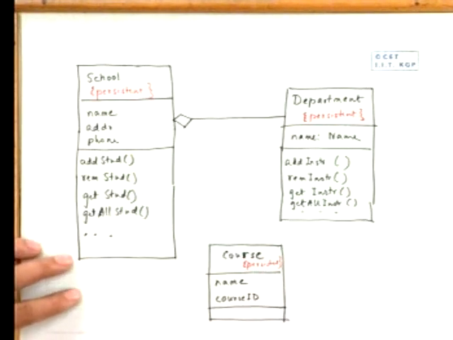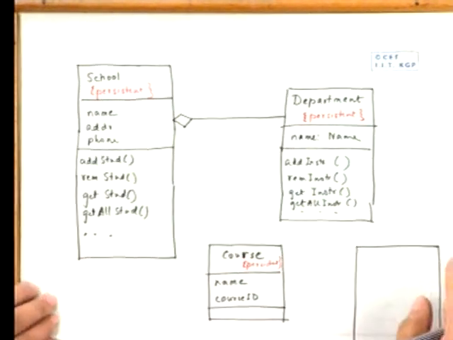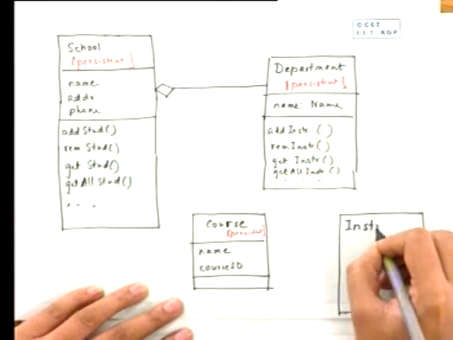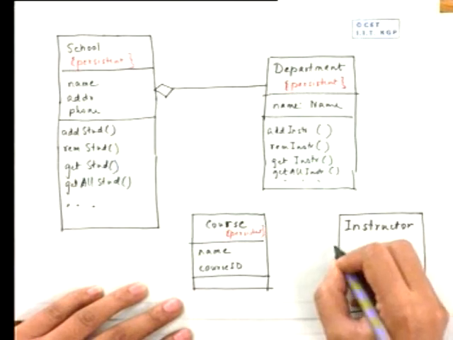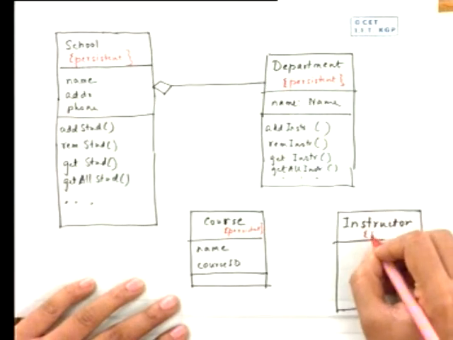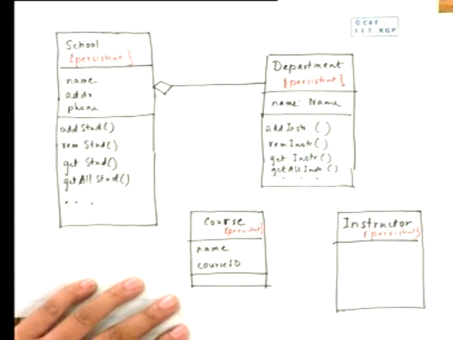And then we have the class of the instructors, which is again a persistent object and which has an attribute called name.